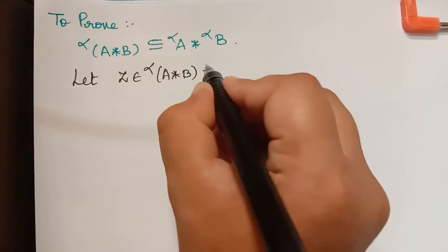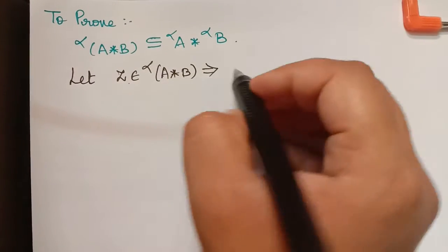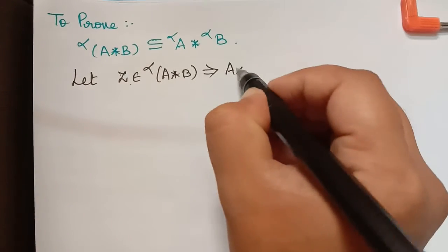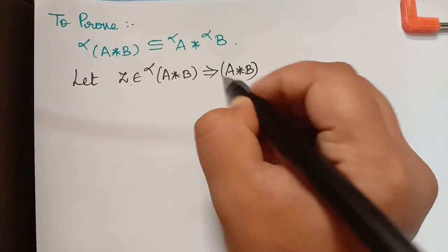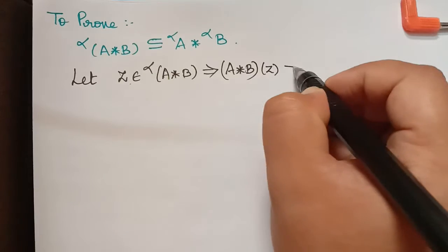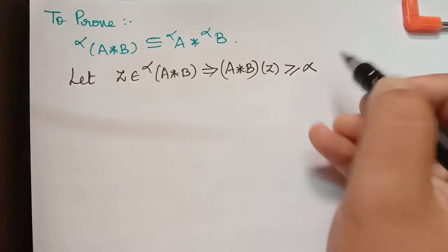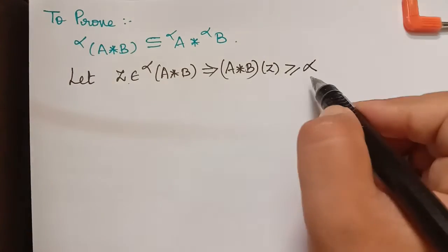So by the definition of alpha cut, what do we know? We know that the membership grade of that element with respect to the fuzzy set A star B will be greater than or equal to alpha. This is by the definition of alpha cut set.